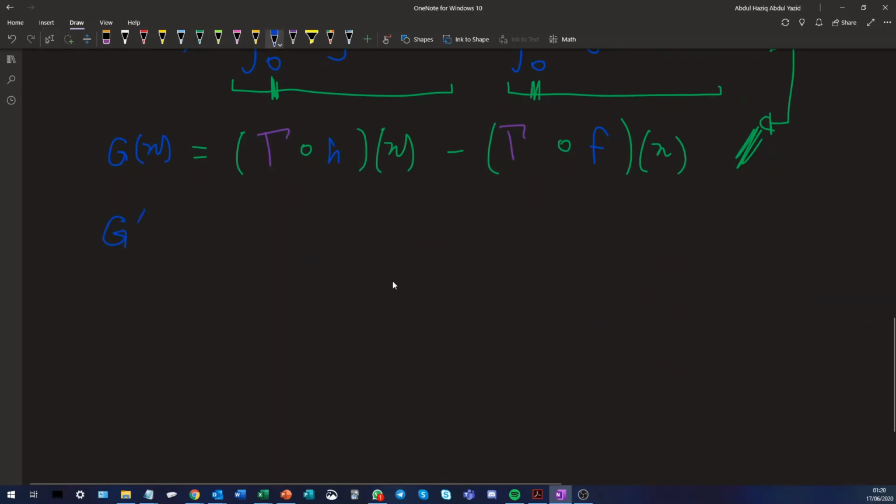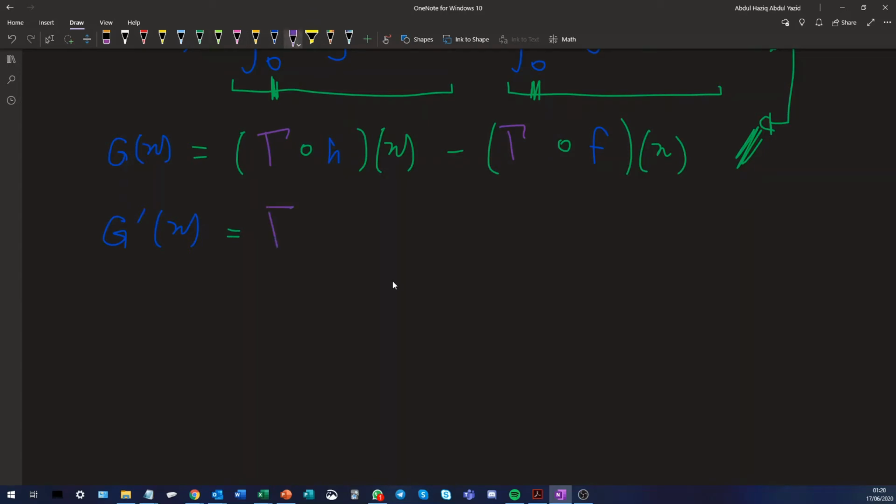So we have G prime of x. If we apply the chain rule, first we take the derivative of the outside function, then the inside function.